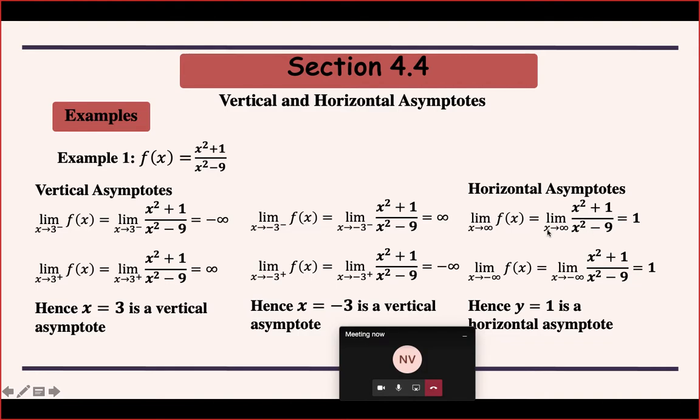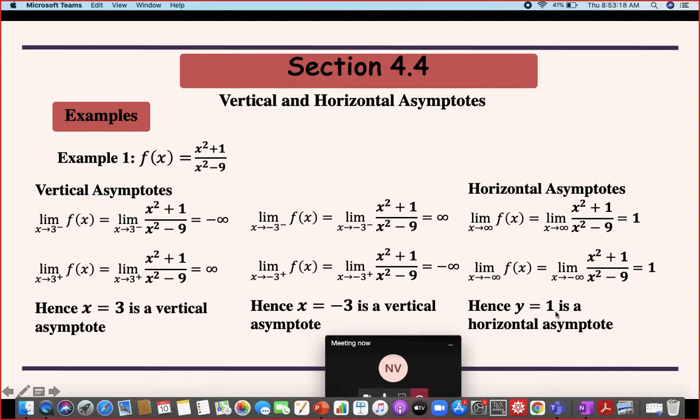When you take the limit x tending to infinity, the second terms in each of these go to 0 and you are left with 1 by 1. Basically it is the ratio of the coefficients. Since both have the same highest degree, it is 1 by 1, which is 1. Similarly, when you take x tending to minus infinity, this limit will become 1. So y equals 1 is your horizontal asymptote.